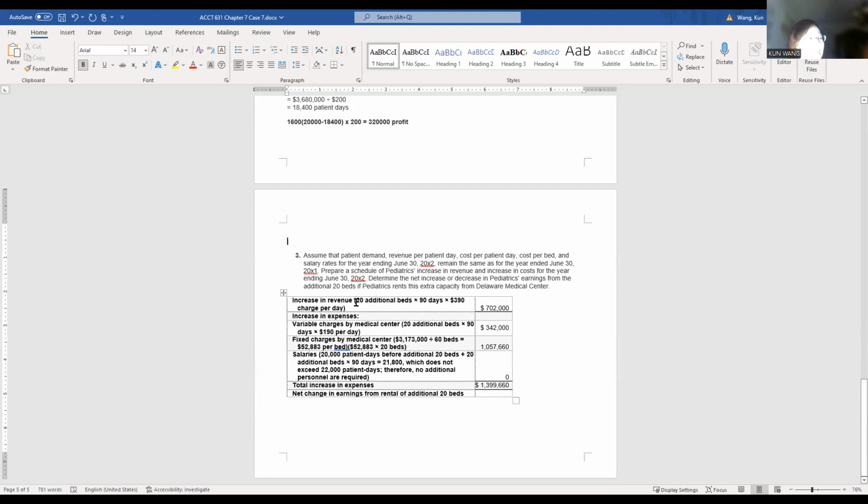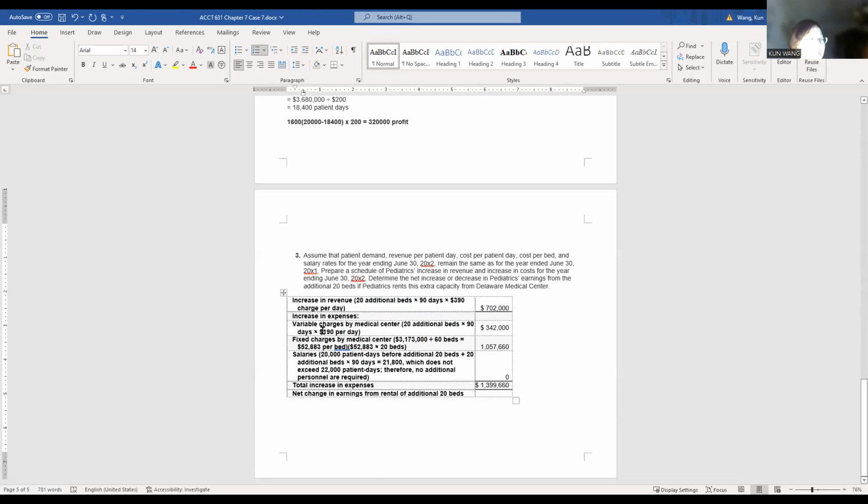So we can rent 20 additional beds, but for 90 days only, because it's not the whole year, right? So it's seasonal demand. In that case, if you rent 20 more beds, we can get additional revenue, like a change analysis, right? So we add additional revenue, and we are also going to add additional variable expenses, right?